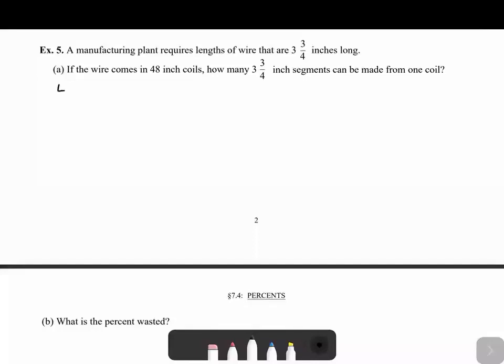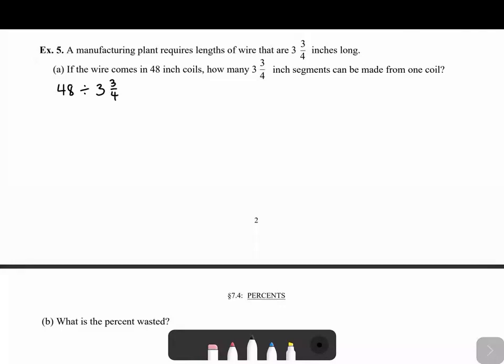So we're taking 48 and dividing it into 3 3/4 inch segments. And remember, whenever we do multiplying and dividing with mixed numbers, it's easiest to convert to an improper fraction.